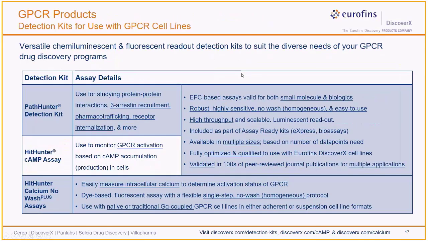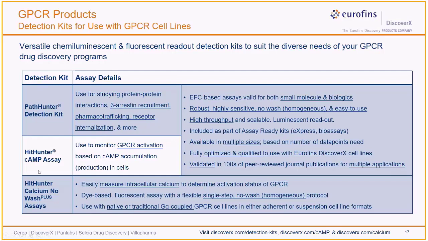And before I end, I wanted to bring up there are detection reagents or kits available. Some of the detection kits are required for these cell lines, for instance, and are coupled together inside of the kit. They come with it. So the Pathfinder detection kit is required for the β-arrestin recruitment, pharmacotrafficking, and receptor internalization GPCR assays.